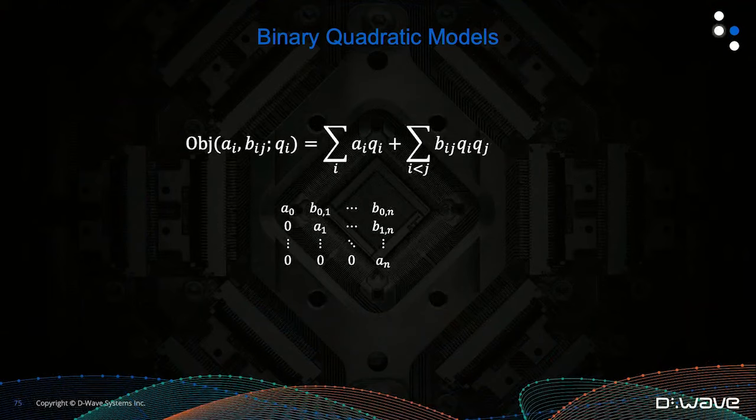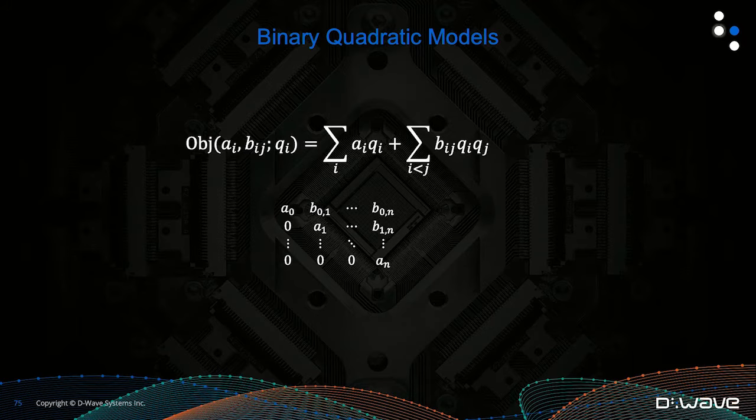Now, what some of you may be familiar with if you've been using Ocean for a while is thinking about these coefficients and storing them in a matrix. So you can build up a Q dictionary or a matrix, and you can store these coefficients in this way, where you have the linear coefficients along the diagonal, and you have the quadratic coefficients on the off diagonal. Now you'll notice in my matrix, I've only put these quadratic coefficients on the upper triangular portion.